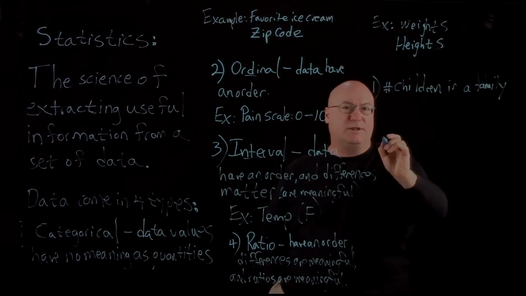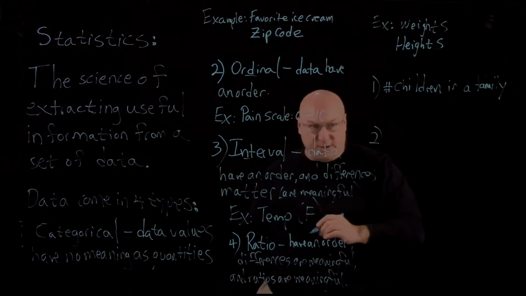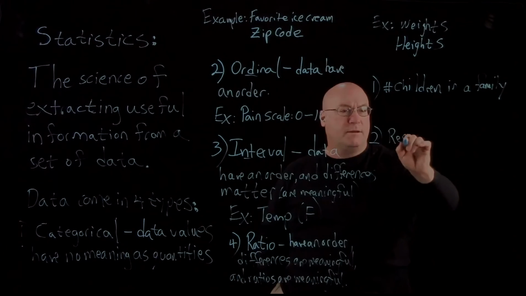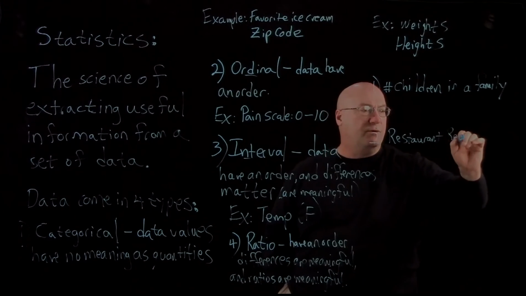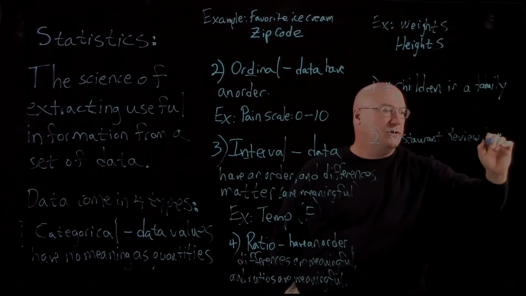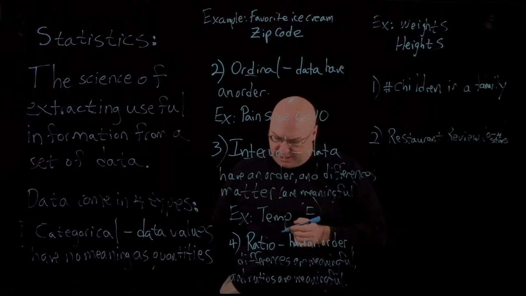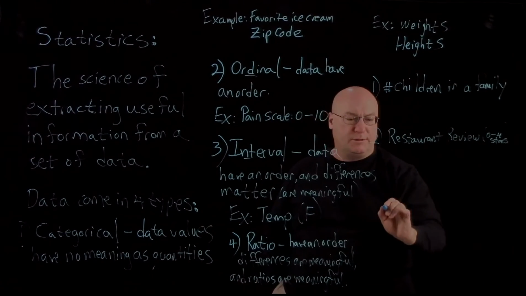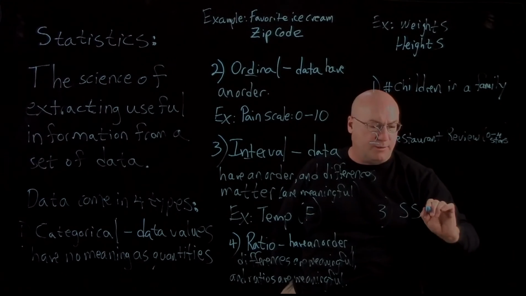I'm going to leave a little space here so I can write the answer. Number 2, let's say a restaurant review, like 0 to 4 stars. So there's a quantity there. And number 3, how about someone's social security number?